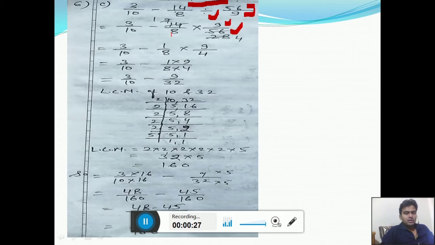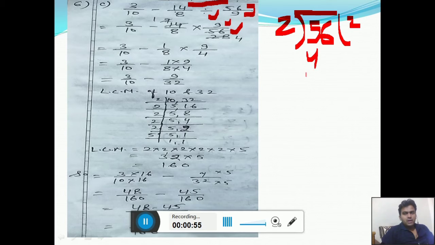Now here we can simplify 14 and 56. We can simplify this 14 by dividing it by 2. So 14 divided by 2 becomes 7, and 56 divided by 2: 2 4s are 8, then 1 is left after subtracting 5 and 4.